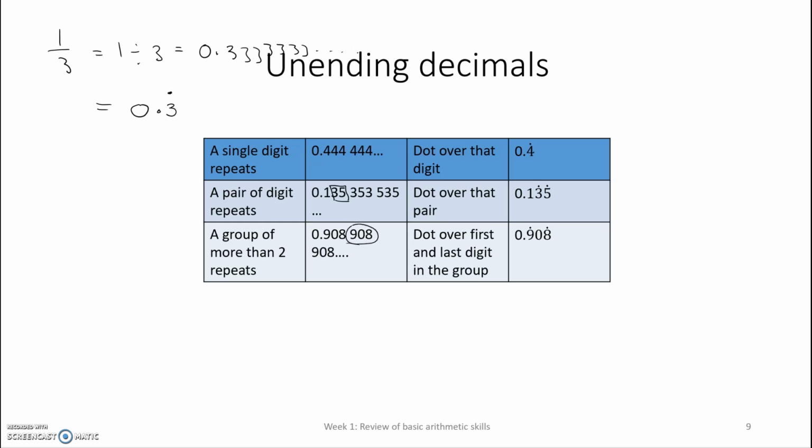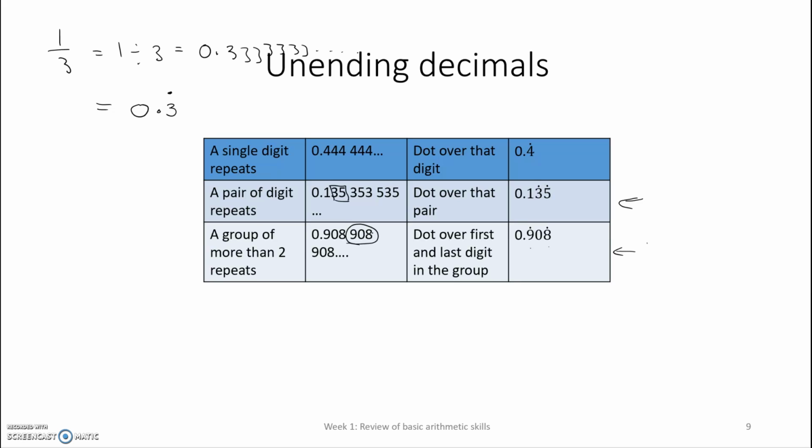Have a look at the next one. The next one, the 908, repeats. So you'd have a dot over the 9 and a dot over the 8, to show you that it's the 908 that repeats, not just the 9. You don't put a dot over all of them unless it's like that, where it's just 2 of them repeating.